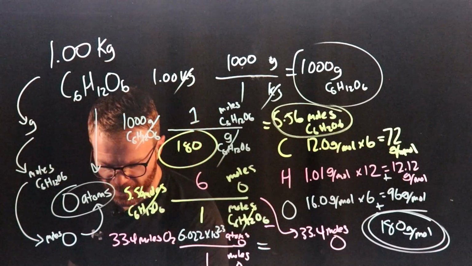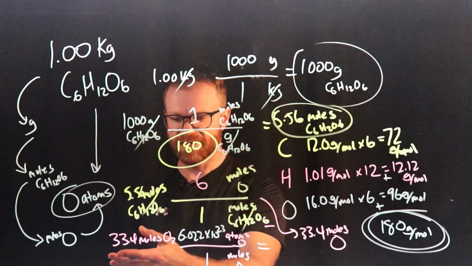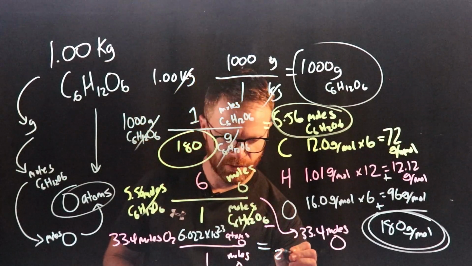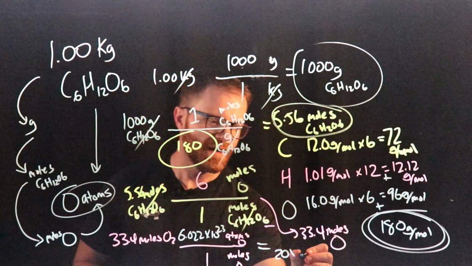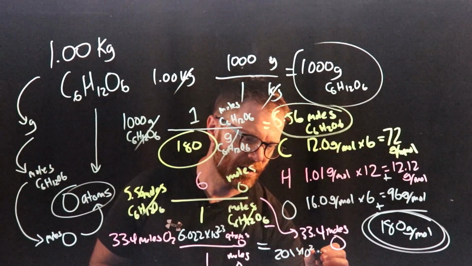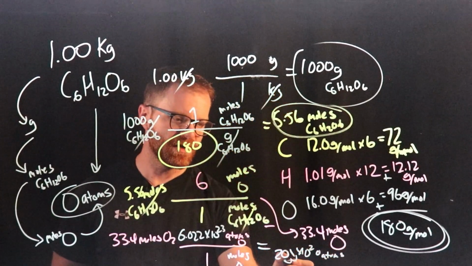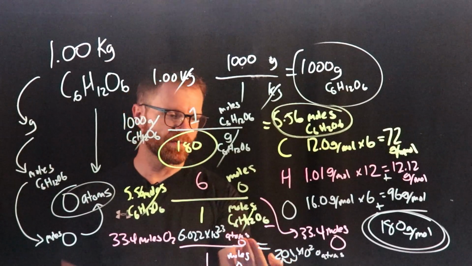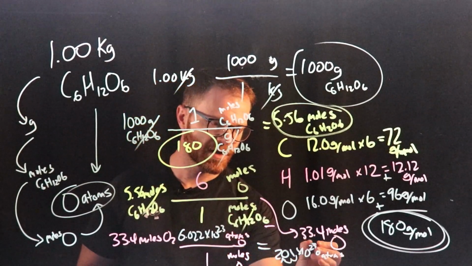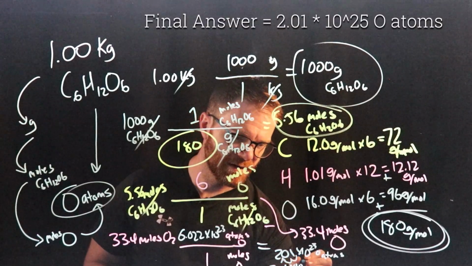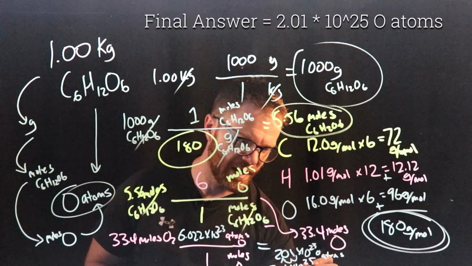I tend to just do it without the exponents and then throw them back on, so I just did 33.4 times 6.022 is 201 times 10 to the 23rd oxygen atoms, which means if we put that in scientific notation, we need to make our number 2 smaller, so we need to make our exponent 2 bigger. So 2.01 times 10 to the 25th oxygen atoms.